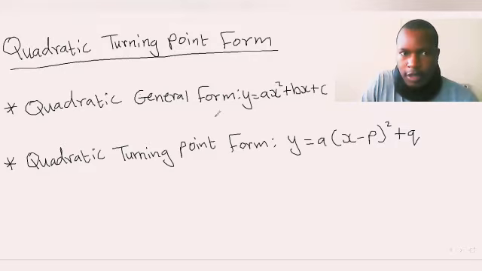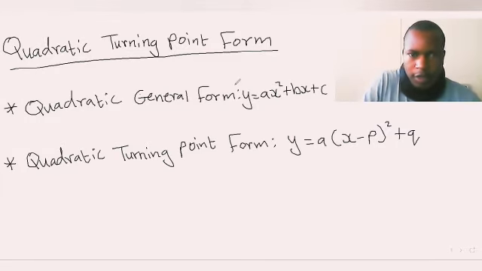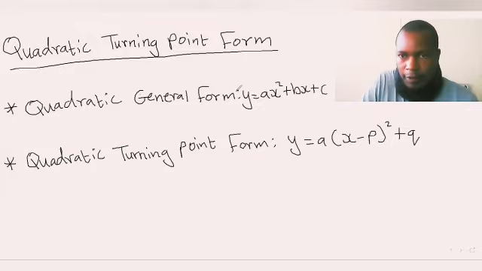So now, gents, I want us to continue with the quadratic, and we will be looking at the quadratic turning point form. So now the turning point form itself is derived from the quadratic general form.